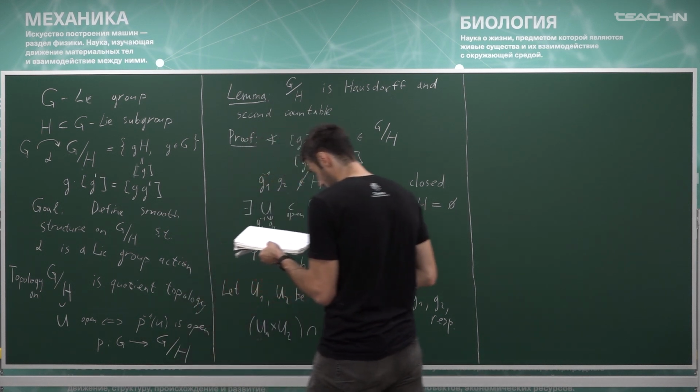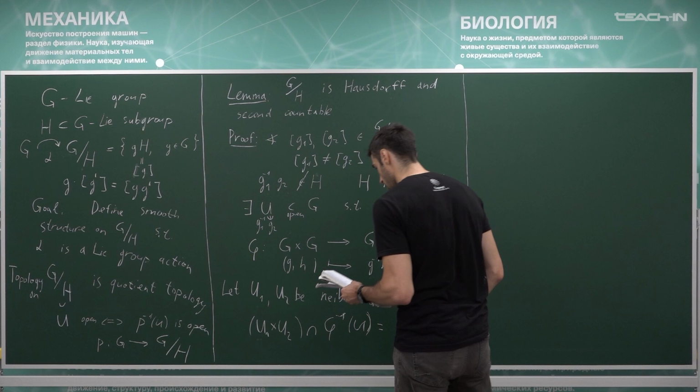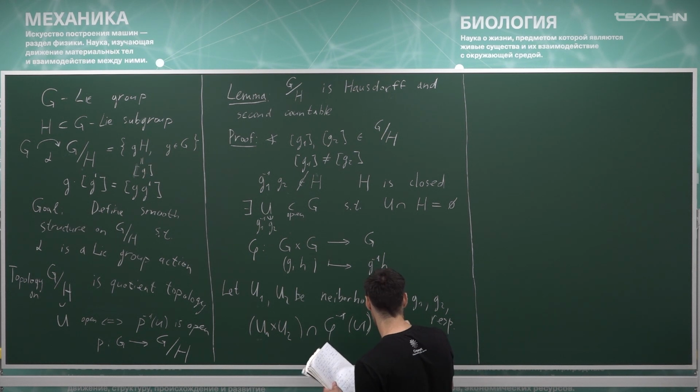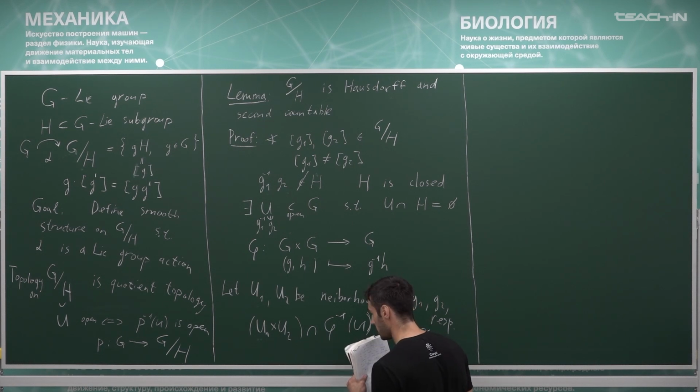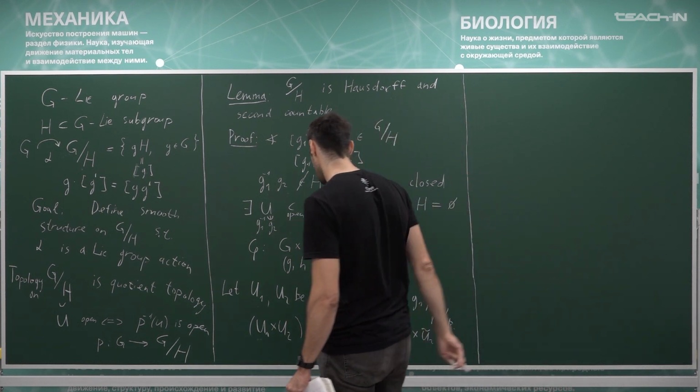All right. So this is actually two open subsets, U1 tilde times U2 tilde. So my U is this one, right?